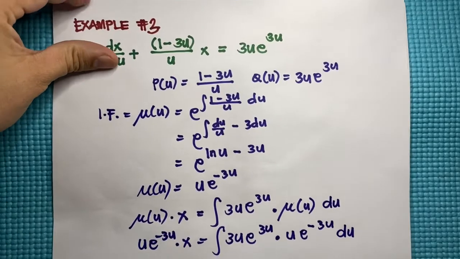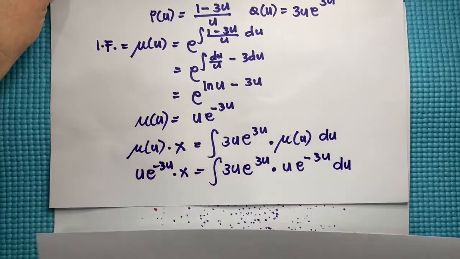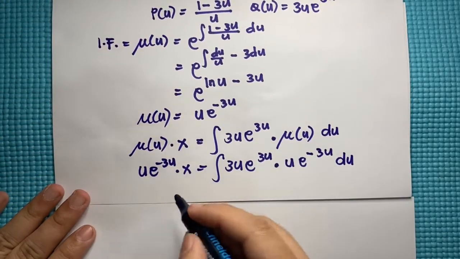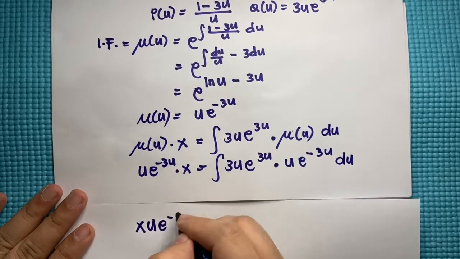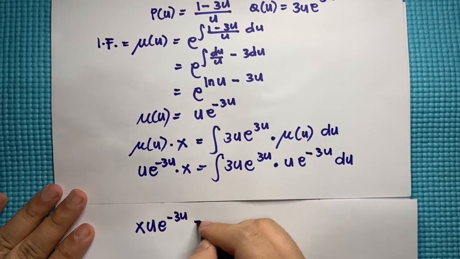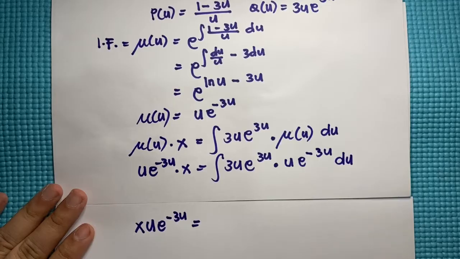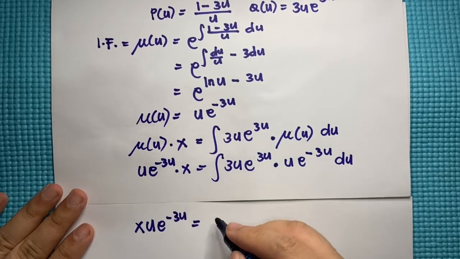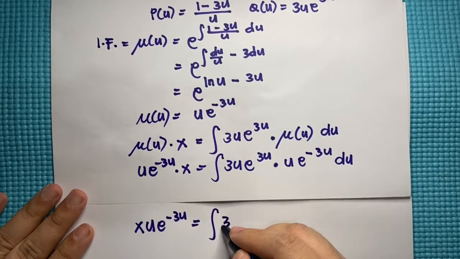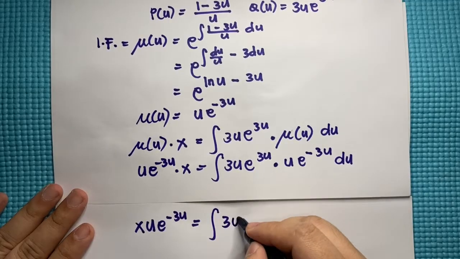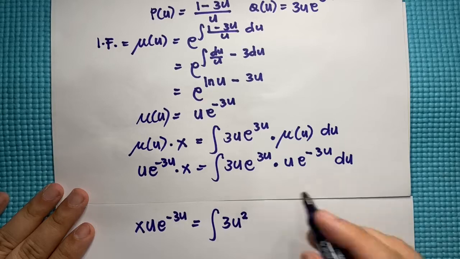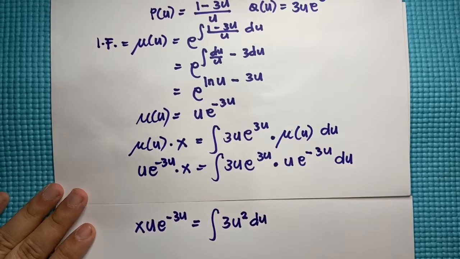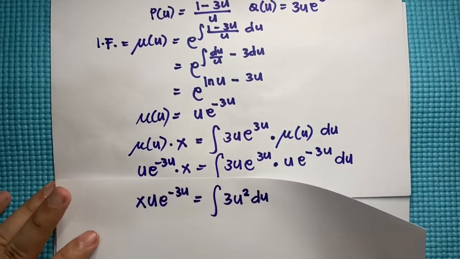Next, let's simplify it first. I'll have x u e raised to negative 3u equal to the integral of 3u times u, which is 3u squared, and e raised to 3u times e raised to negative 3u cancel out, so that just gives me a du there.